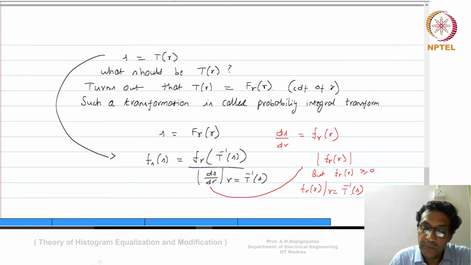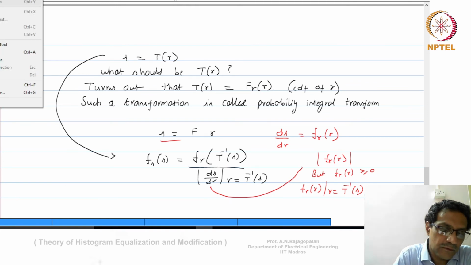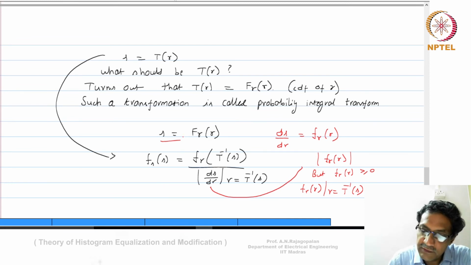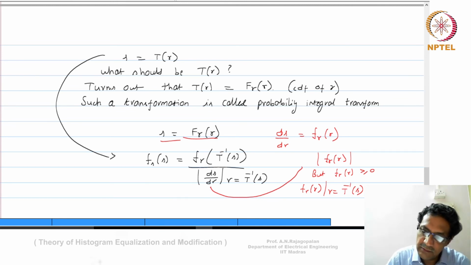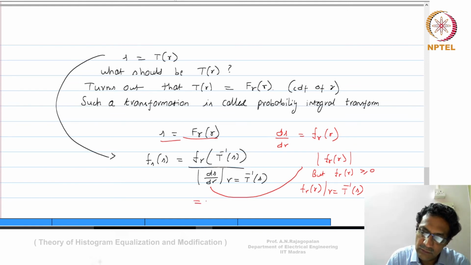This holds provided you choose s equal to fr of r, otherwise not. So when you do this, you get fr of t inverse of s divided by fr of t inverse of s, or in this case fr inverse of s, and therefore this is equal to 1.